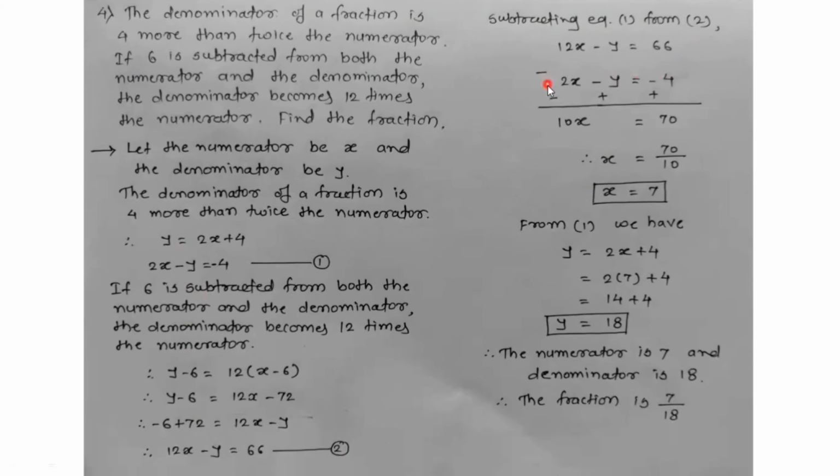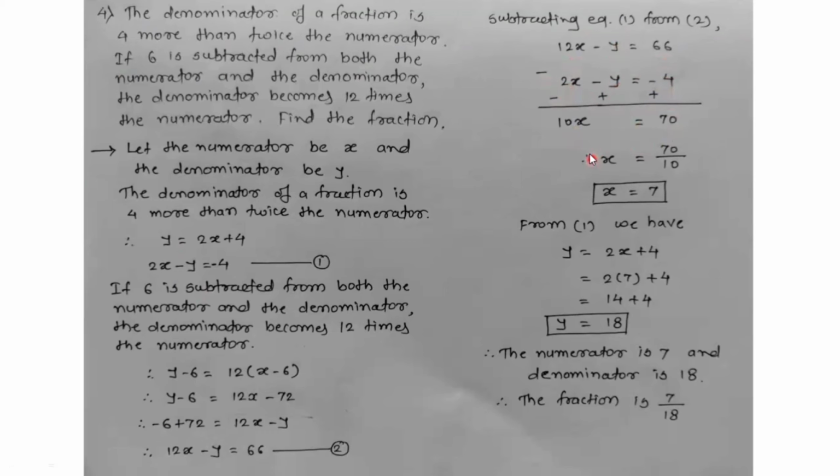Now, as we are subtracting equation 1 from 2, we have to change the sign of each term in the first equation. That is, plus 2x will become minus 2x, minus y will become plus y, and minus 4 will become plus 4. By doing this, minus y plus y will get cancelled, and 12x minus 2x is 10x, that is equal to 66 plus 4, that's 70.